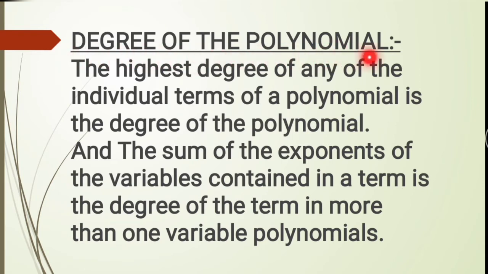Degree of the polynomial. The highest degree of any of the individual terms of a polynomial is the degree of the polynomial, and the sum of the exponents of the variables contained in a term is the degree of the term in polynomials with more than one variable.